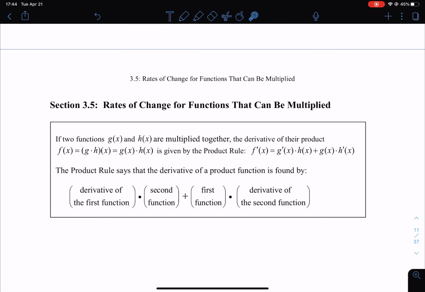This time, instead of a function composition, g of h of x, we are given a function multiplication. Pay attention to the difference: multiplication is a dot, function composition is a circle. So the formula is g prime of x multiplied by h of x plus g of x times h prime of x. So let's see one example.